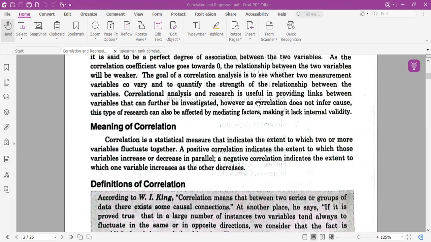That is, if both are increasing or decreasing, we call it a positive correlation. But in case of negative correlation, one is increasing, the other is decreasing. Say for example, x is increasing, the y is decreasing, or x is decreasing and y is increasing. If the values are moving in opposite direction, then we're going to call it a negative correlation.